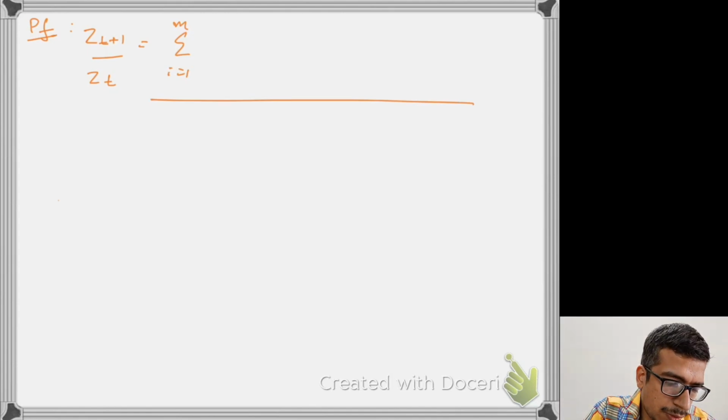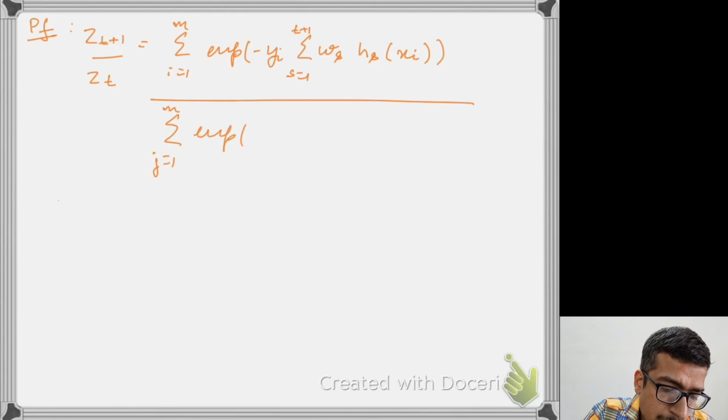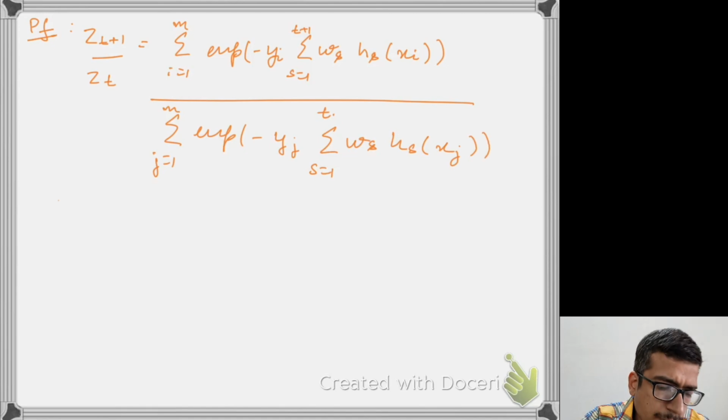This is exponential of minus yi times sum over s from 1 up to t plus 1 ws hs xi, over sum over j from 1 to m exponential of minus yj times sum over s from 1 to t ws hs xj.